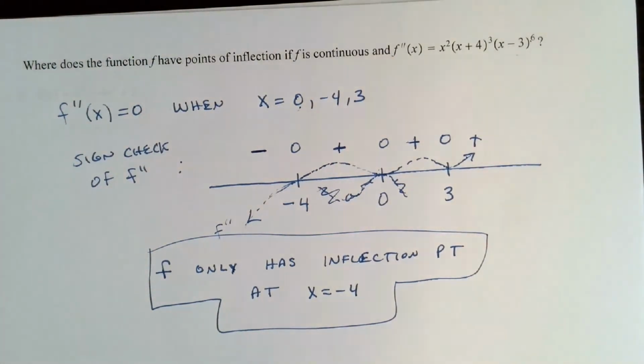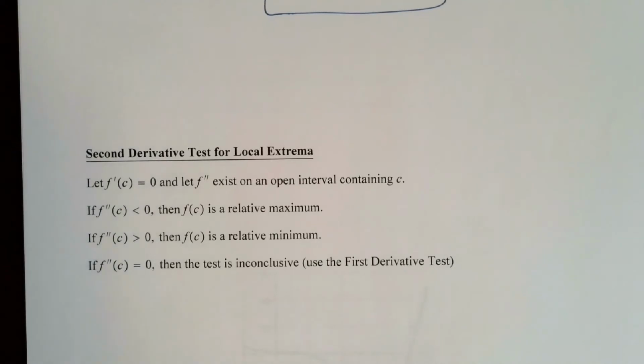Okay. What I want to finish in this video then is an example, a use of the second derivative for finding local extrema. So this is known as the second derivative test. And here's how it works.